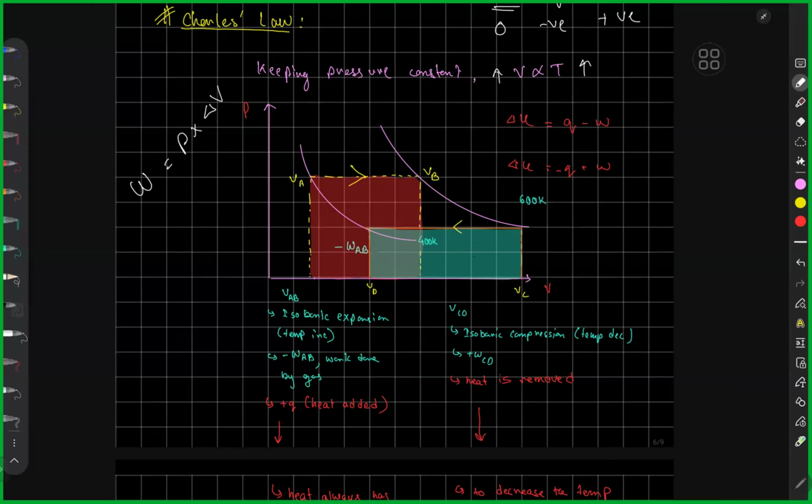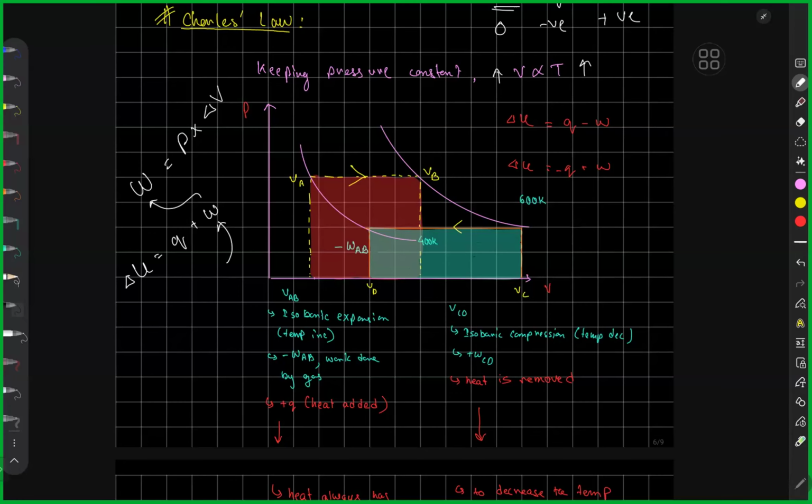Can I use this formula? Think about it. Can I find this using that pressure times del V? Yes or no? Yes. Why? Because the pressure is constant.